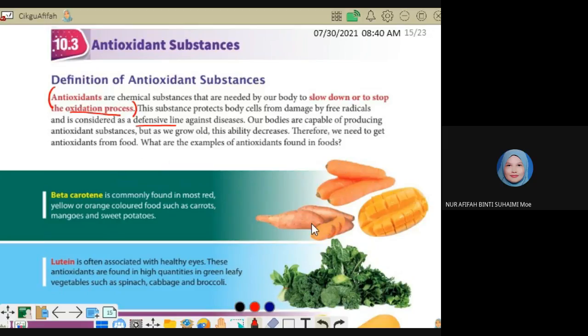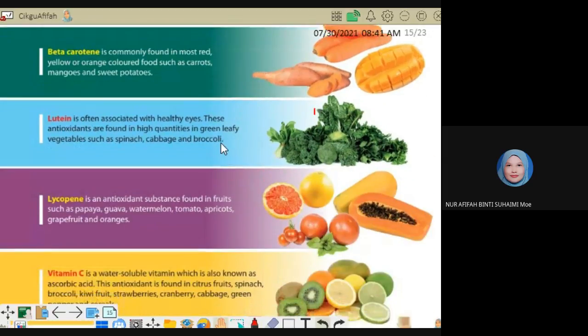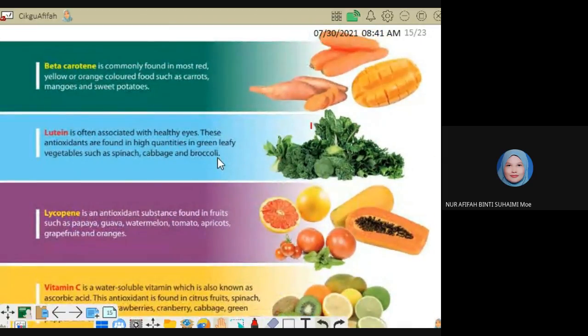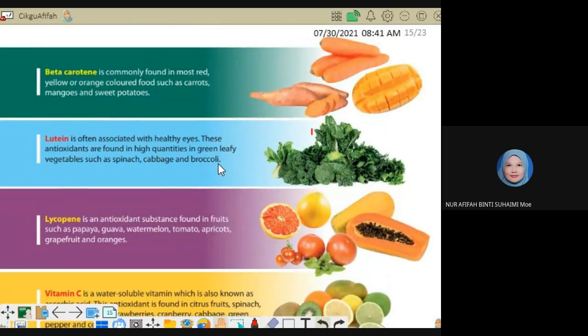So yang 10.3 ni dia yang natural punya lah. Natural punya antioxidant. Okay, 10.4 tentang supplement ataupun active ingredient. Tengok contoh-contoh antioxidant dalam makanan lah, dalam natural food. Okay, we have beta carotene, lutein, lycopene, vitamin C and vitamin E.